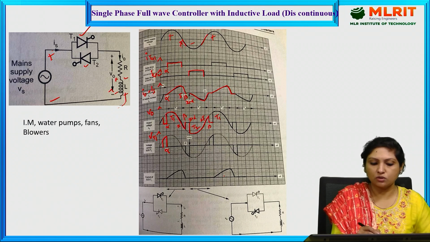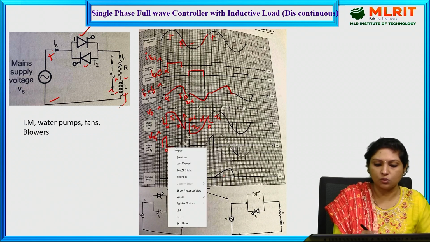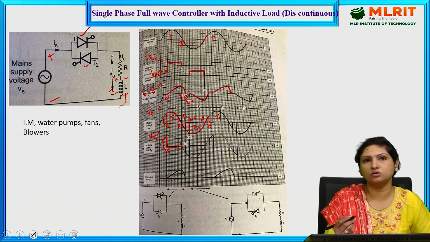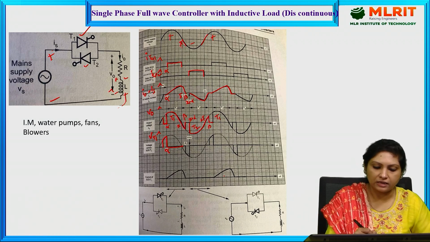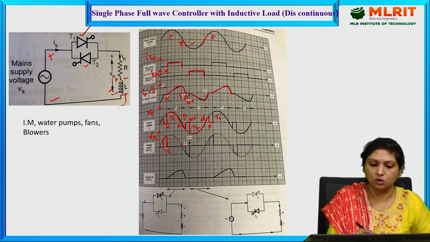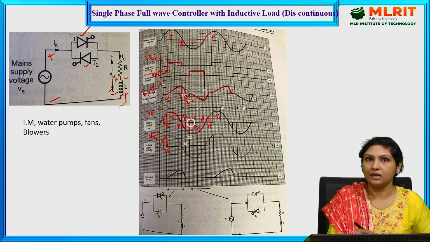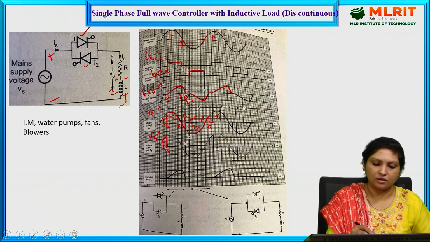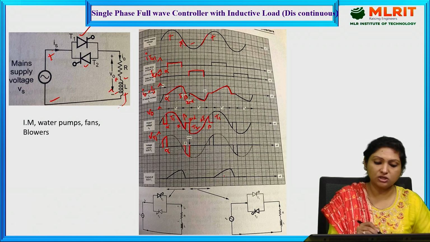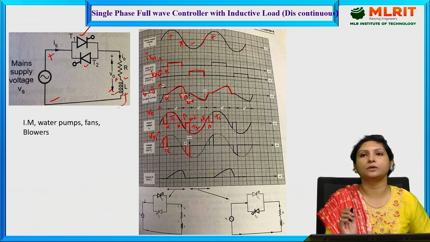So the voltage across the thyristor is considered almost 0, because the on-state voltage across the device is very small, almost equal to the on-state voltage drop, which is considered as 0. And again it appears at this instant beta, because thyristor 1 is getting turned off at beta, and it remains off till the next instant, pi plus alpha. So that is the reason from beta to pi plus alpha, the voltage across thyristor 1 appears.